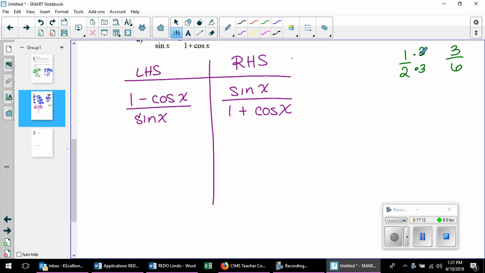So I'm looking at this, what would I need to multiply it by to get it to equal 1 minus cos squared theta? This is your difference of squares knowledge. If I multiply them, I'm going to get 1 minus cos squared theta.